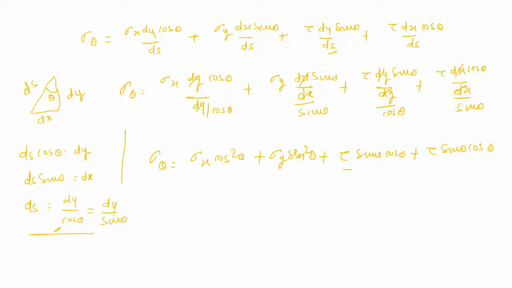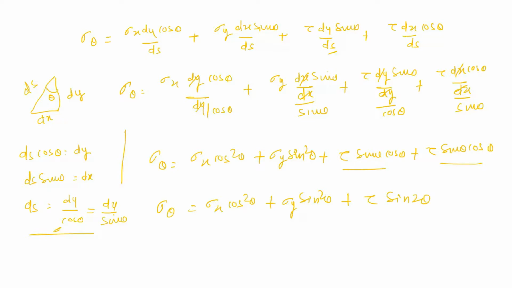Now these two terms become 2 tau sin theta cos theta, and 2 sin theta cos theta can be written as sin 2 theta.